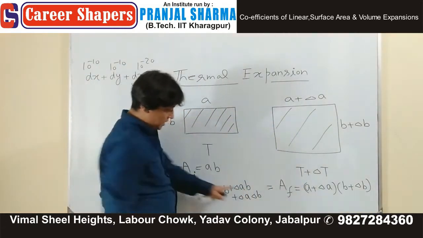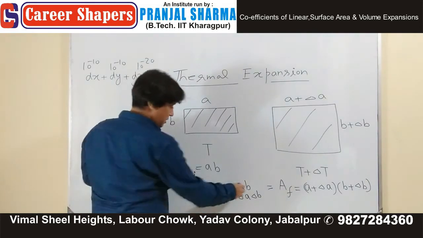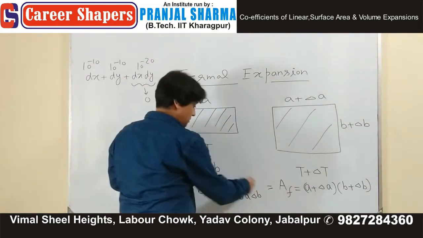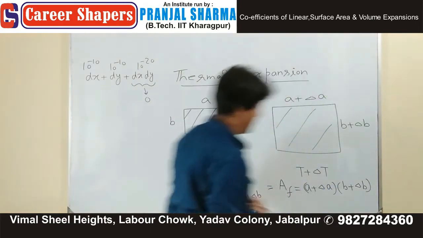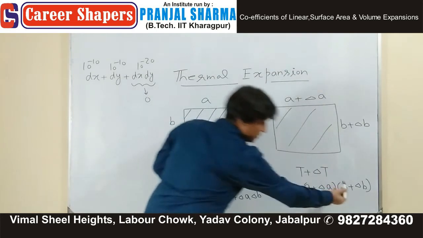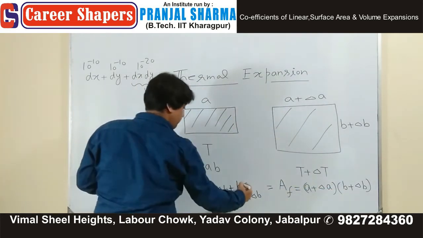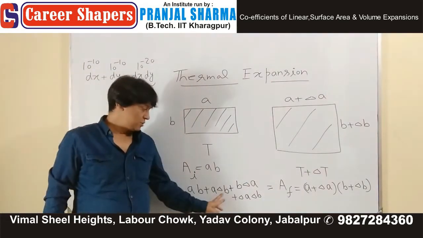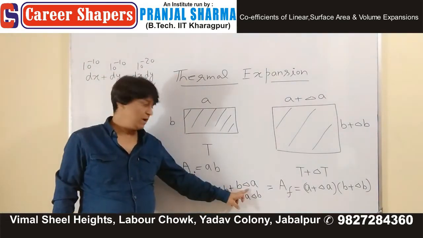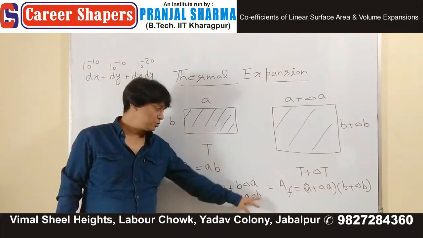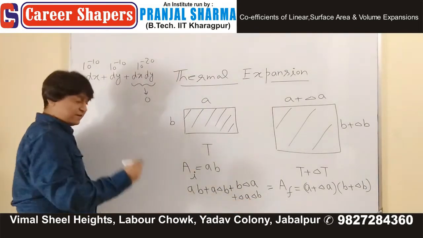To avoid any confusion, let's write down this thing as B multiplied by delta A. So this is your dx, this is your dy, and this is dx into dy, which is almost negligible.